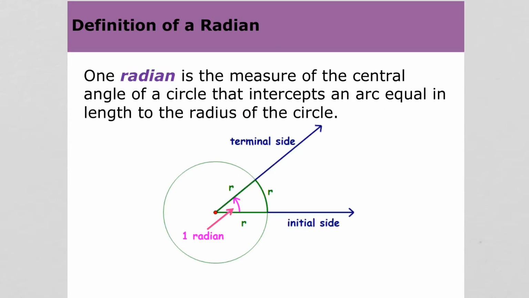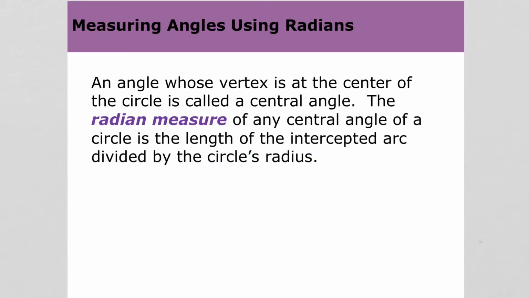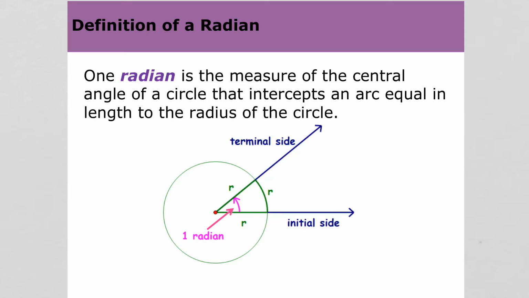So if we look at a picture here, if we've got a circle like this green one here, then a radian is defined by the length of the intercepted arc. So this is the intercepted arc divided by the radius. That gives us a radian.